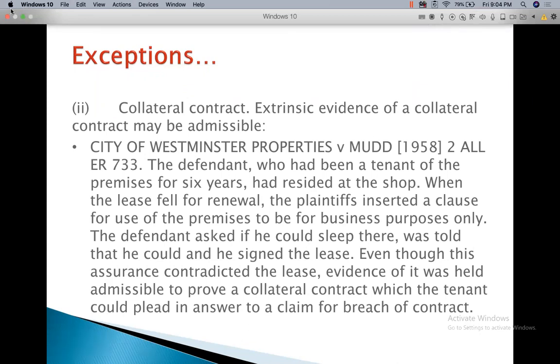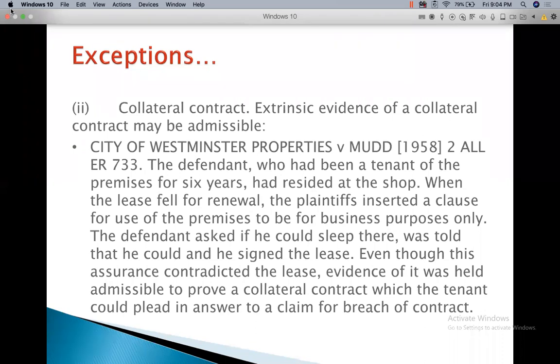Okay, so I was talking about the fact that we can have another way in which the parol evidence rule will not apply, and for that matter, extrinsic evidence may be admissible. And that is where you are dealing with a collateral contract.